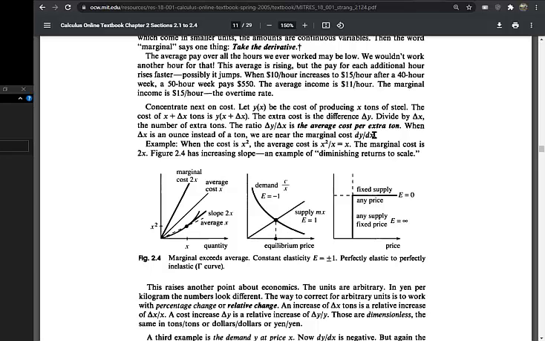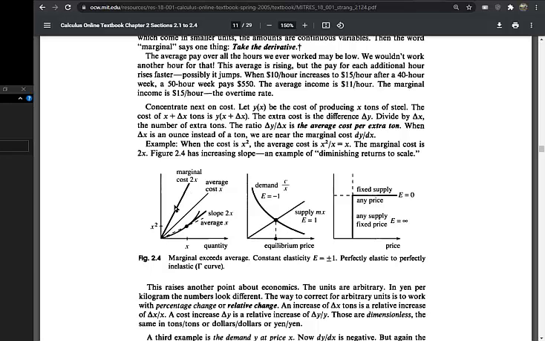So here if we have a function where the cost function is this parabola here, it's an increasing cost function. The slope is not just increasing, but increasing at an increasing rate. So if the cost is x squared, marginal cost is 2x.